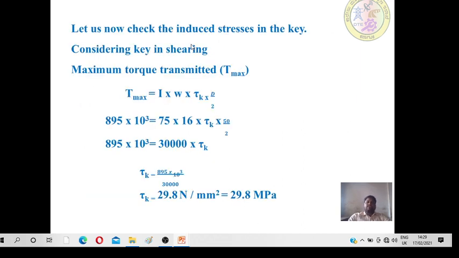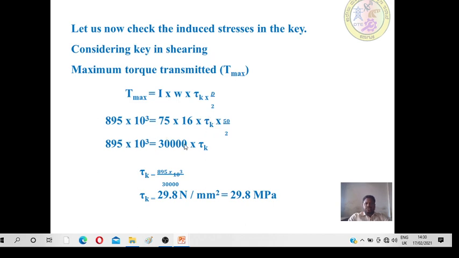Once again, now you have to check the induced stresses in the key. So first of all, considering the key in shearing, you know that maximum torque transmitted by the key considering shearing of the key is Tmax equal to L into W into tau K into D by 2. Here, this is the value of Tmax, this is the value of L, this is the value of W, and this is the value of D. So now we are just checking this value.